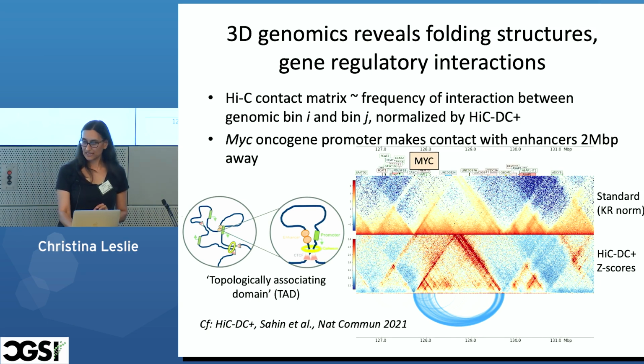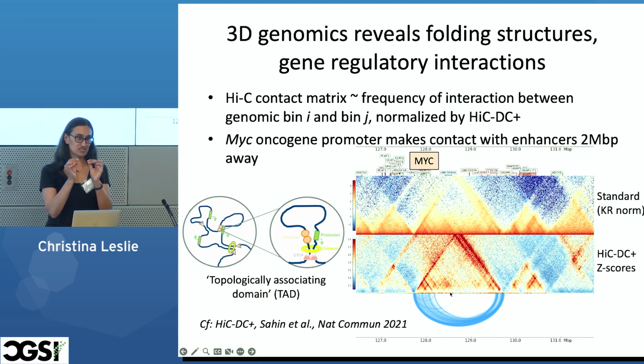And that's what I'm showing here. And you see with these high HiCDC z-scores, we can also draw loops, we're getting more information, including enhancer-promoter information, not just these big triangle structures. Okay, so that's all you need to know about how we're processing the data.